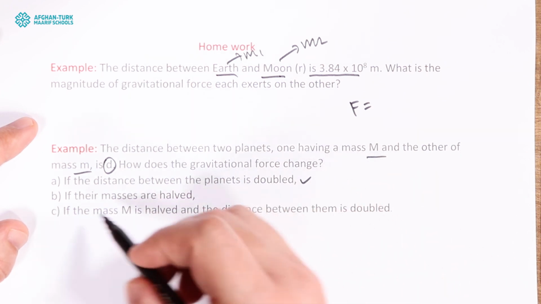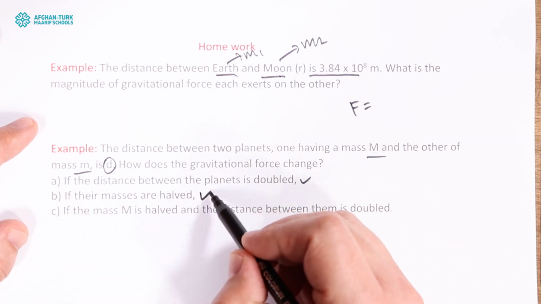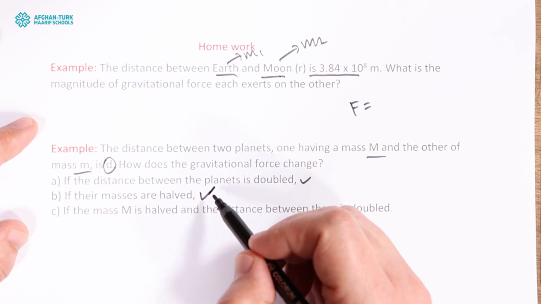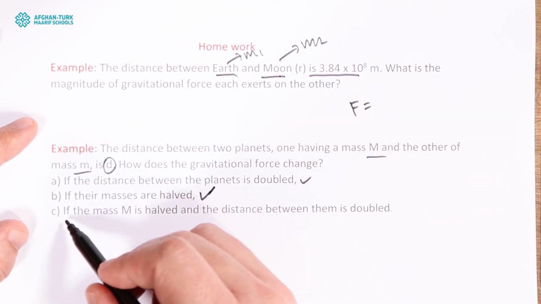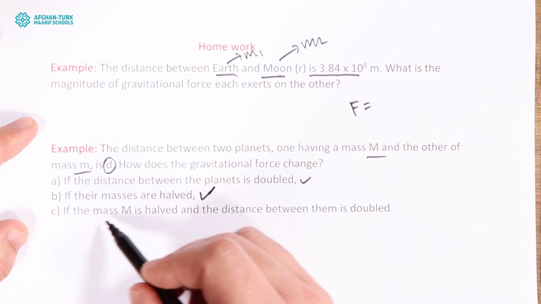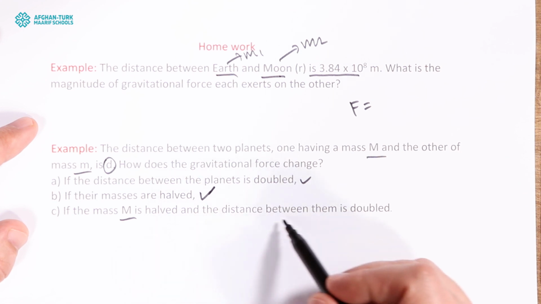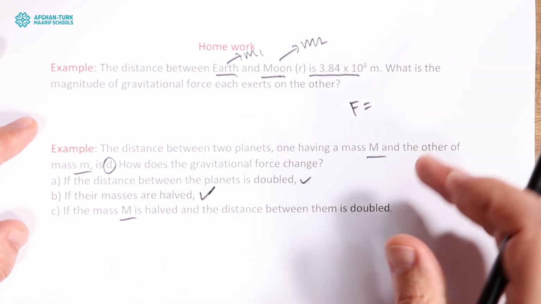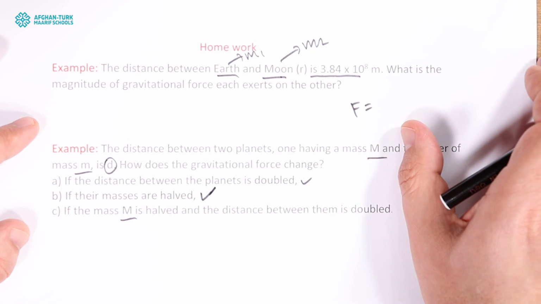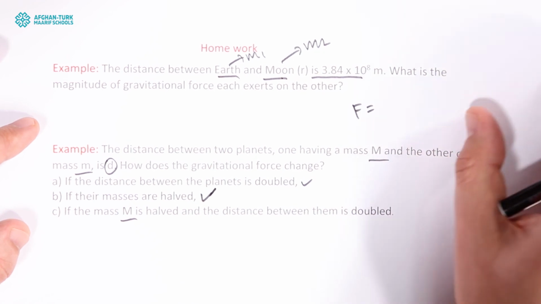What will happen to the force if their masses are halved? Half means if we decrease the masses. The third one: if the mass M is halved, like the first one is halved, and the distance between them is doubled, what will happen? This is the conceptual question. So try to solve the question carefully, and this is your homework.